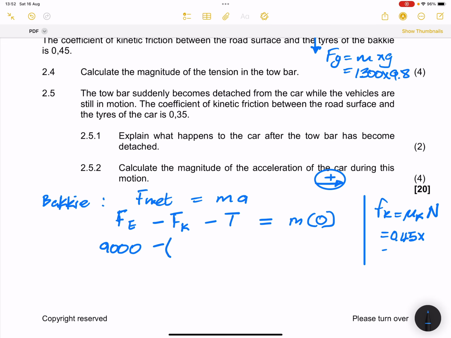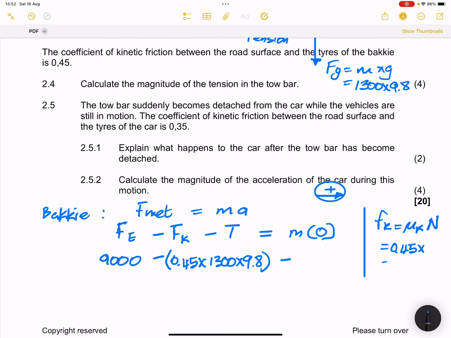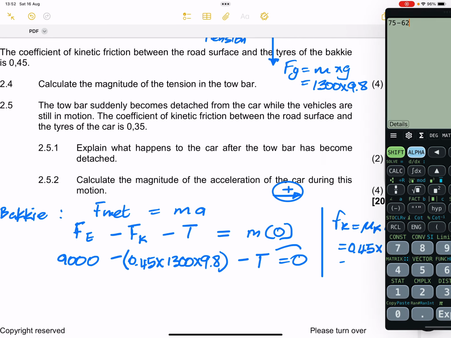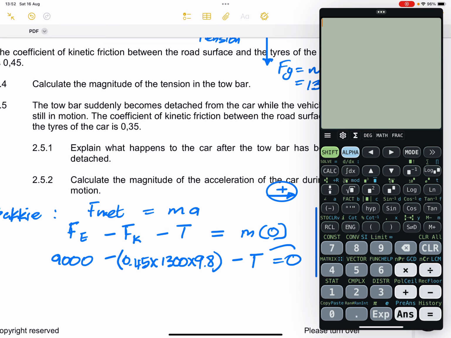So our frictional force would be 0.45 multiplied by 1,300 times 9.8. And this is minus the tension, which is exactly what we were being asked to calculate. And this is equal to 0. Right, if we take T to the other side, all that we'll be left with is 9,000 minus 0.45 times 1,300 times 9.8.